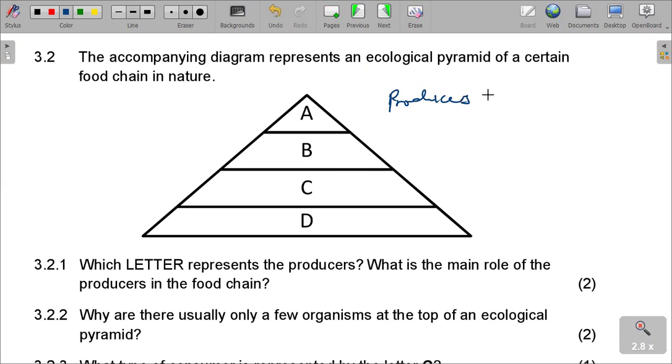Producers are represented by letter D, and then the function of producers. The producers are organisms that are able to produce their own organic food during photosynthesis.